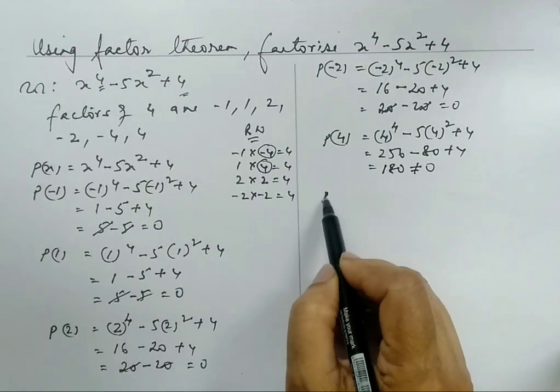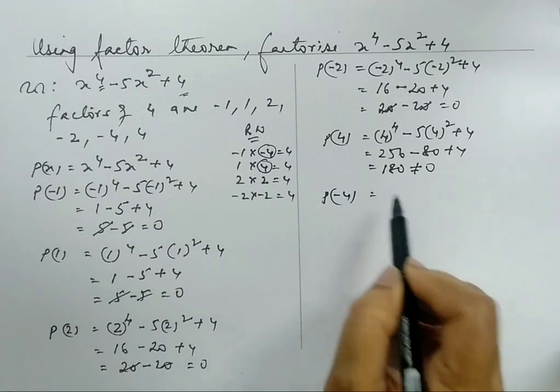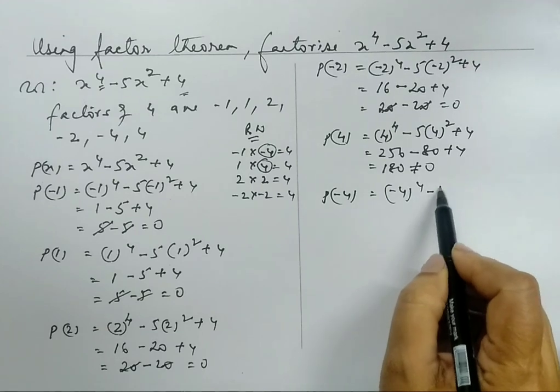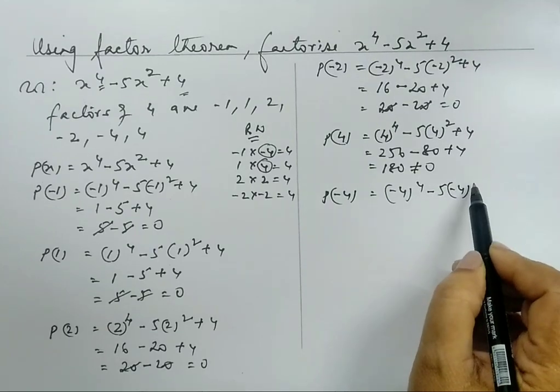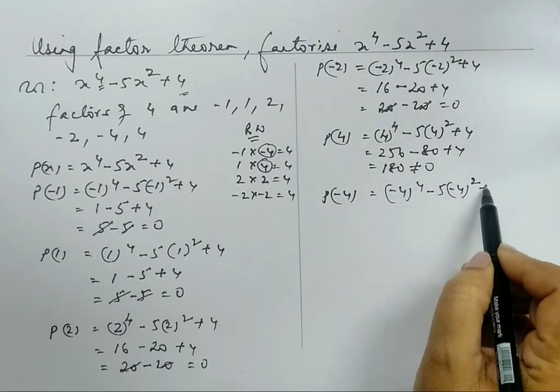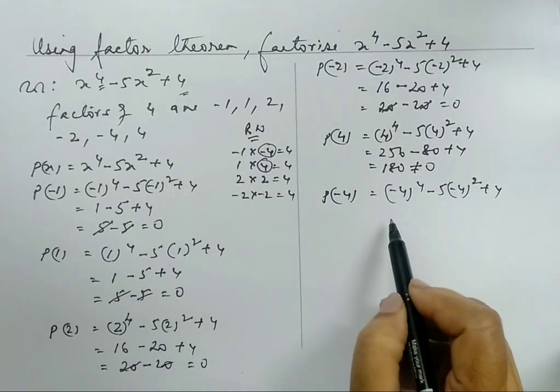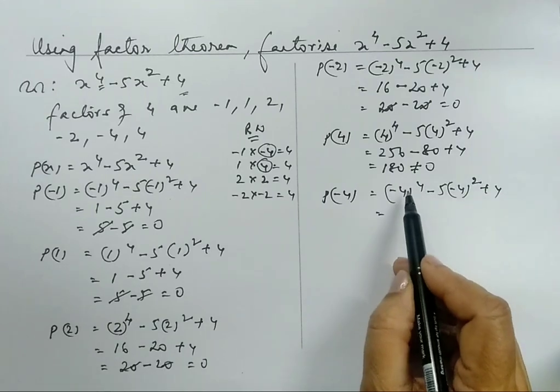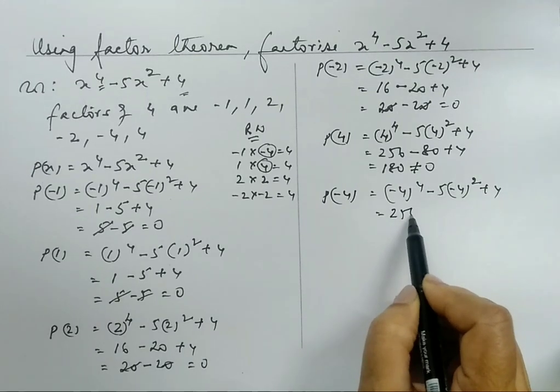Okay, for p of minus 4, we get minus 4 to the power 4 minus 5 multiplied by minus 4 to the power 2 plus 4. For this, once again, as we have the powers even, we'll get positive for this, 256.